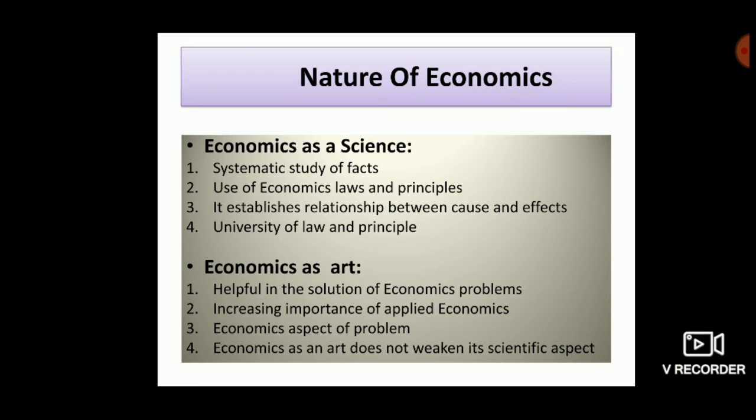If I am doing this work, what is the reason behind it? Effect means: if I have done it, what will be the consequences of a certain action? So science is a systematized body of knowledge which establishes the relationship between cause and effect. It is a systematic collection, classification and analysis of facts.